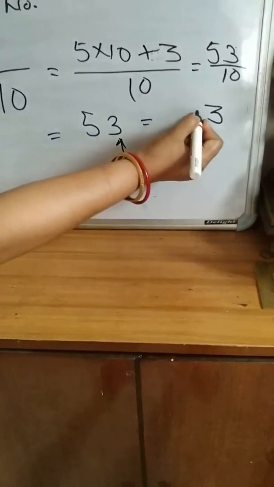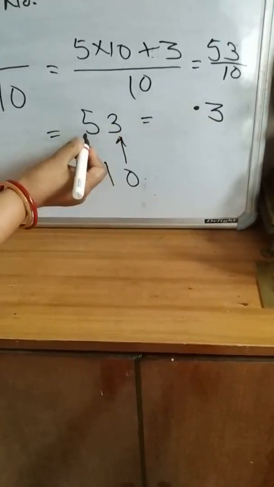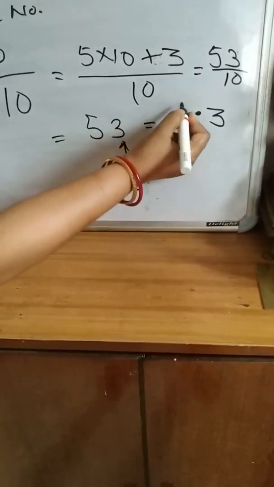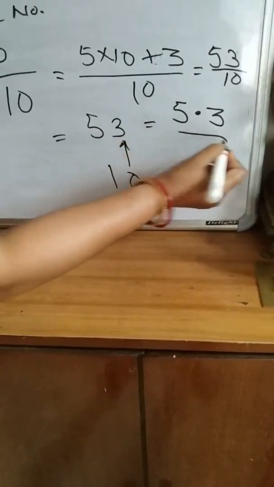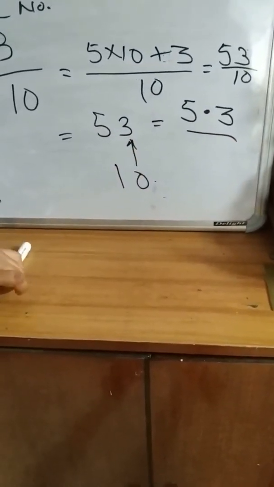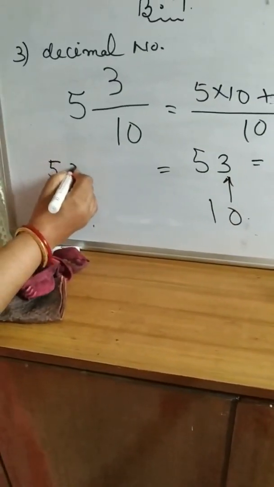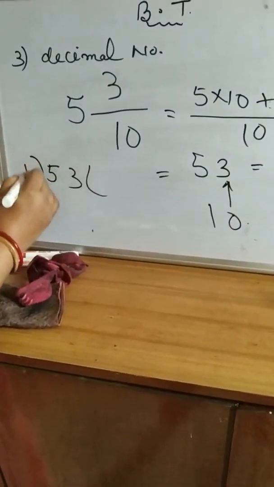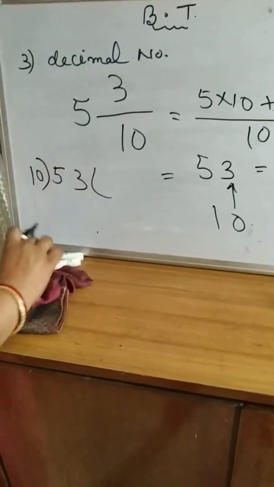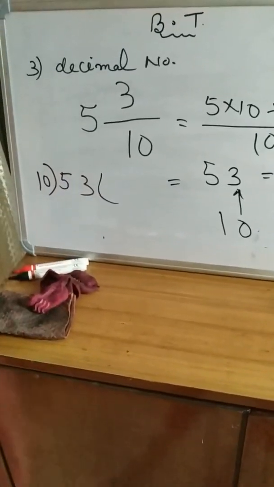For 1, put the point here, and then the number left is 5. So the answer is 5.3. In this way, you can do division also. 53 divided by 10. So this is the decimal number division by 10.